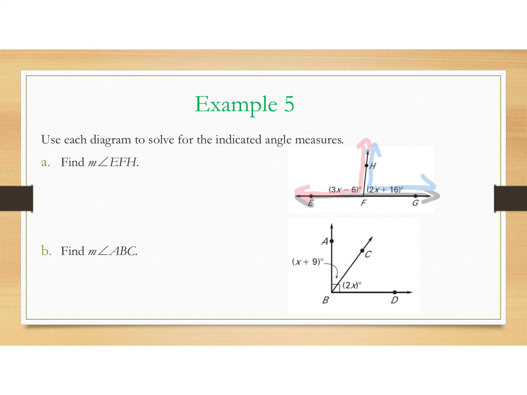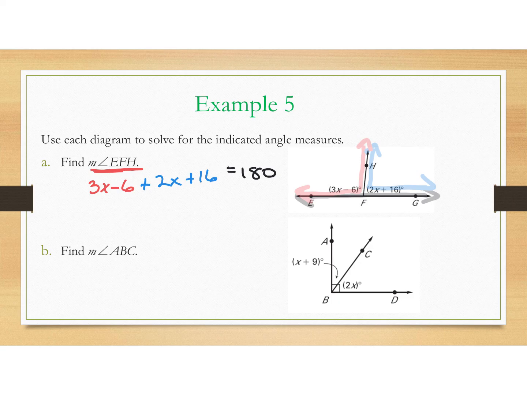So in order to find the measure of EFH, which is the red one, I'm going to go ahead and set up an equation. I'm going to set 3x minus 6 plus 2x plus 16 equal to 180. These are not congruent angles, so all I know for sure is that they're supplements, and I add them and set them equal to 180.